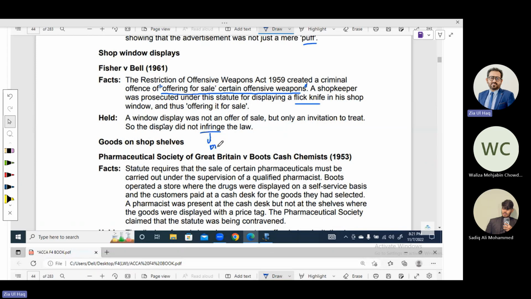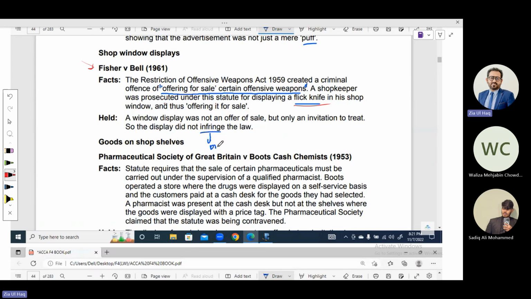And a shopkeeper displayed some offensive weapon at his shop, like he displayed a flick knife. And Mr. Fisher saw the knife and sued the shopkeeper Bell. He is trying to sell, he is offering illegal weapons.